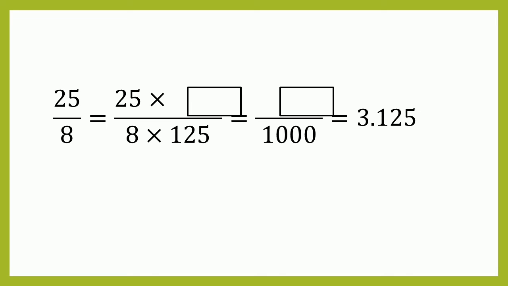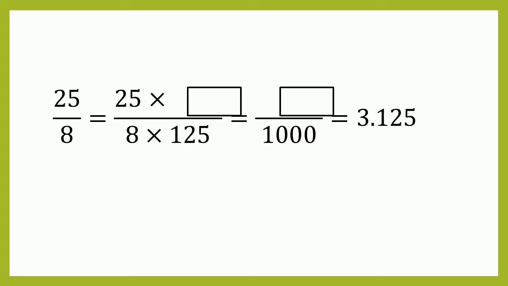Again we will try to convert 25 upon 8, that is a common fraction, into a decimal fraction, that is 3.125. We will simply fill up the places. Most of the things are given. If we multiply 8 by 125, we will get the denominator 1000.